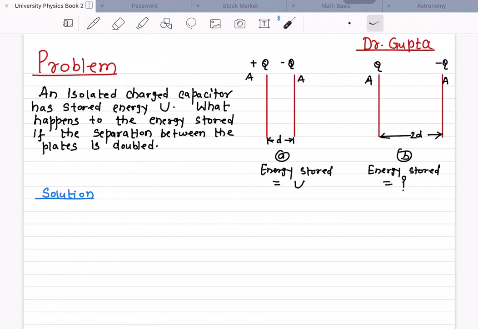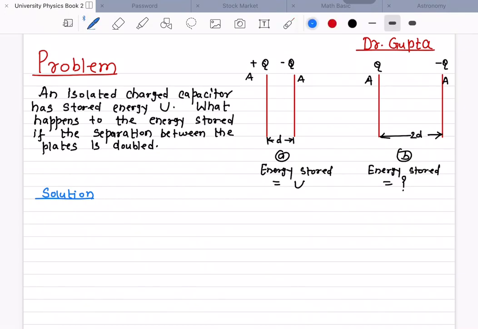And now what we're doing is increasing the distance between the two plates. So now the distance between the two plates is 2D. If we double the distance between the two plates, what happens to the energy stored? That's exactly what we're going to calculate.